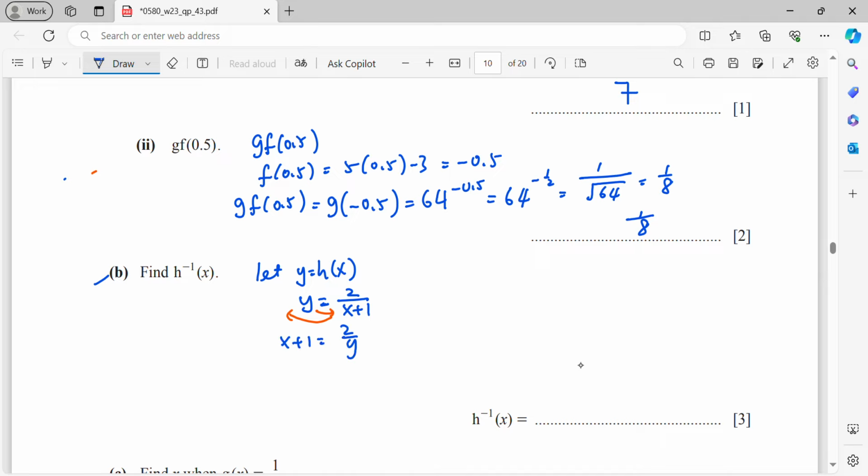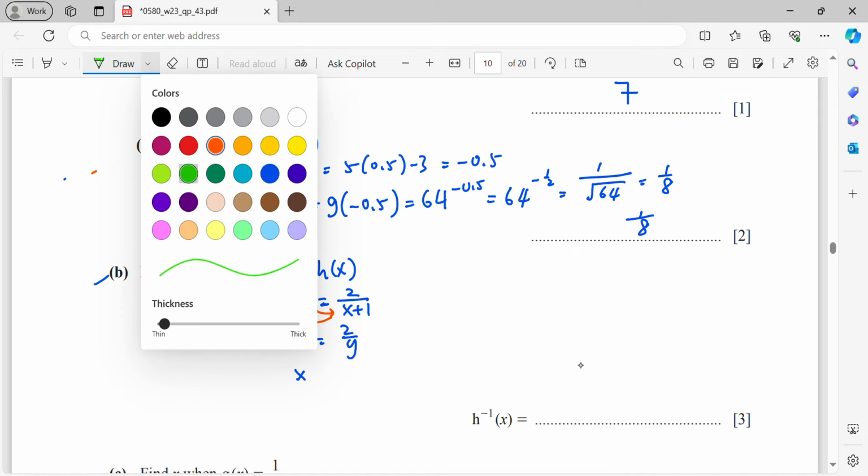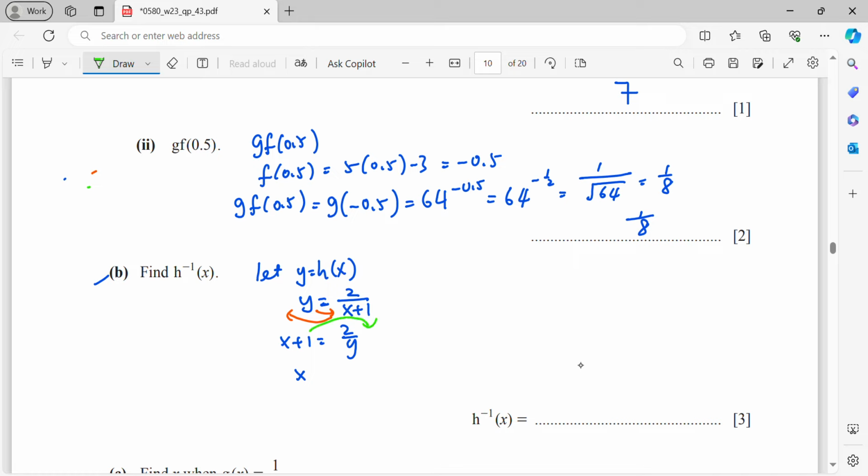And now get x as the subject by moving this 1 to the right side. Then you will get 2 over y minus 1. Hence, change the x to h inverse and change the y to x. That means you are getting 2 over x minus 1 as the h inverse.